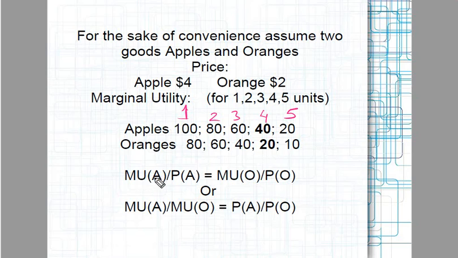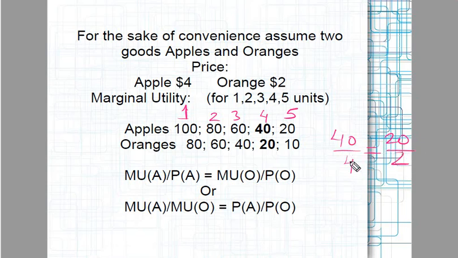So the marginal utility of apples divided by the price of apples is equal to the marginal utility of oranges divided by the price of oranges. So the marginal utility of apples is 40 and the price of apples is 4, and the marginal utility of oranges is 20, and I've already solved it, so I'm just showing you, divided by the price of oranges, 2.